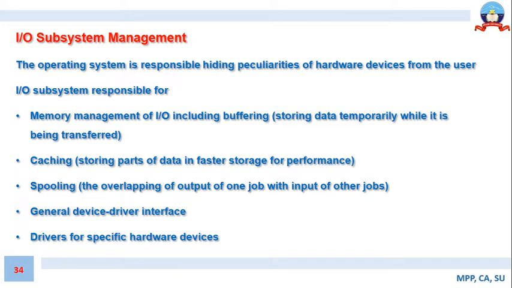We have two types of ports: physical ports and logical ports. Logical ports are called drivers. Drivers are programs associated with the IO devices that help the operating system recognize the IO device as one of the ported devices.